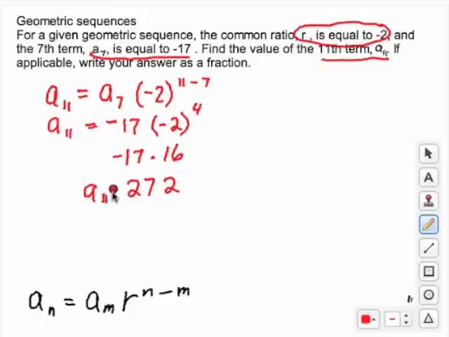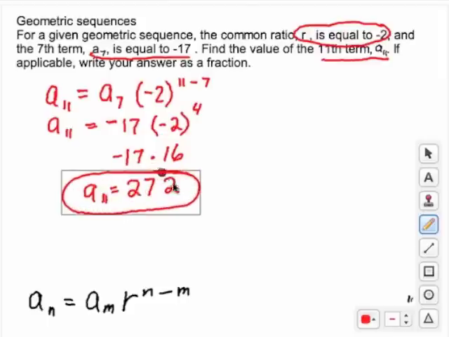And that's your answer: the value of the 11th term is 272.